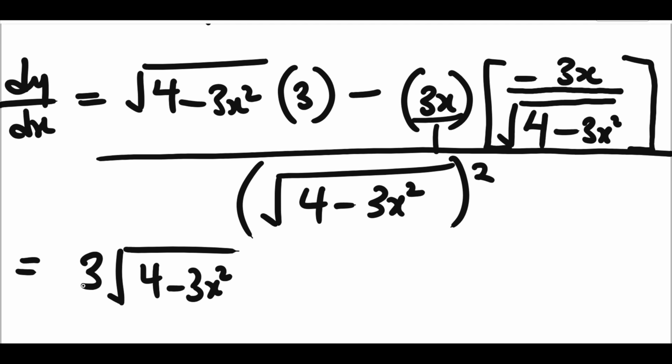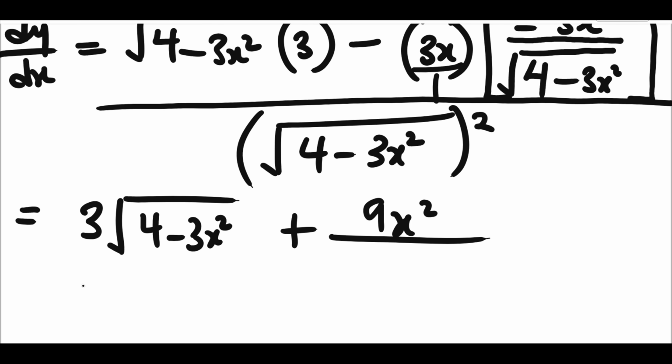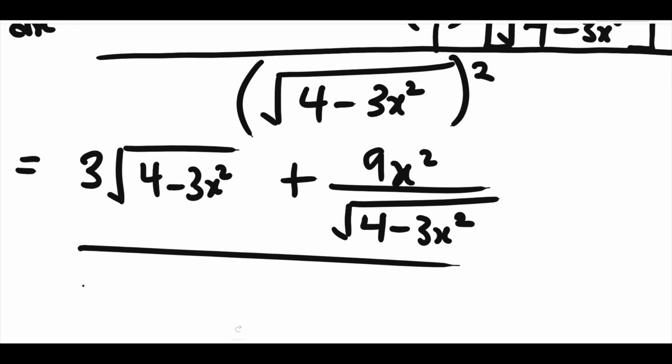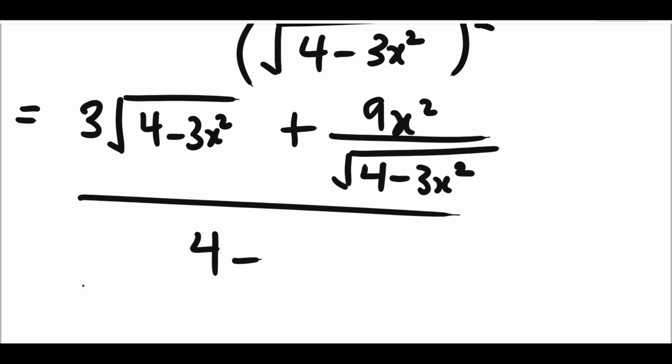Negative multiplying negative gives plus 9x squared, so we have plus 9x squared divided by the square root of 4 minus 3x squared. Then everything is divided by the square root of 4 minus 3x squared, all squared. The square will cancel the square root, so we get 4 minus 3x squared. Alright, so this is what we have now.